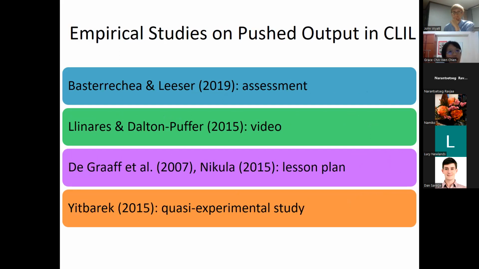So there are some empirical studies that use different types of data collection. For example, use of assessments as a pushed output, use of videos. Students have to produce their own videos, and other studies use lesson plans to analyze the teacher's pushed outputs. Some use quasi-experimental studies.